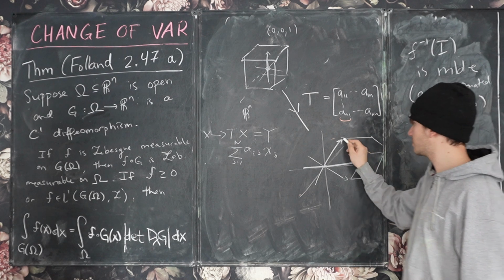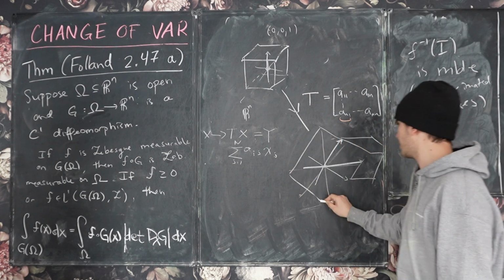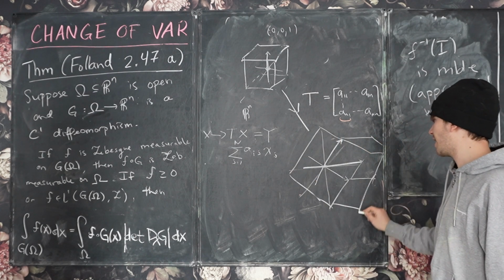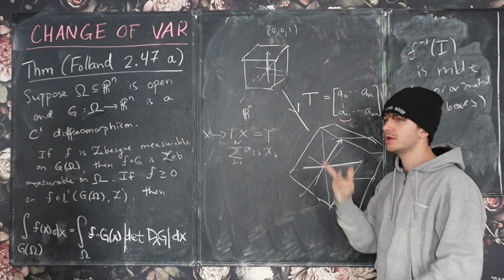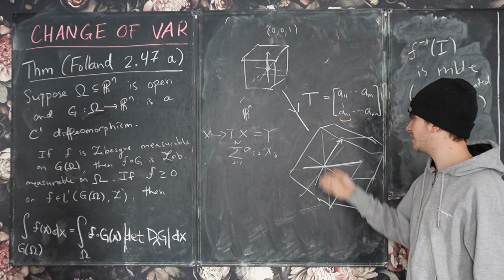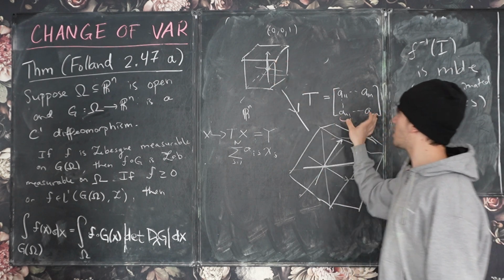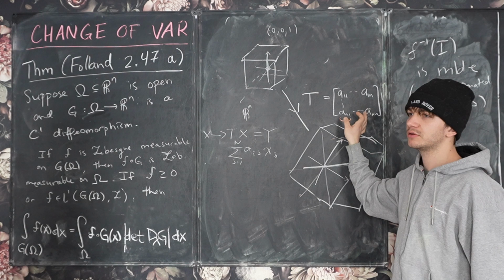You see that? Yeah. So I'm going to end up with a parallelepiped framed by these three lines, which are the column vectors of the matrix.